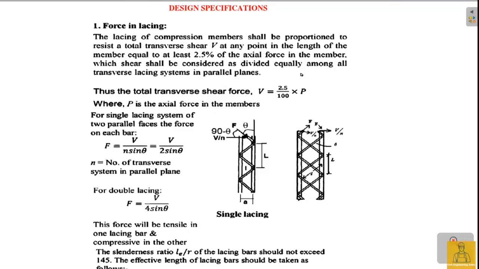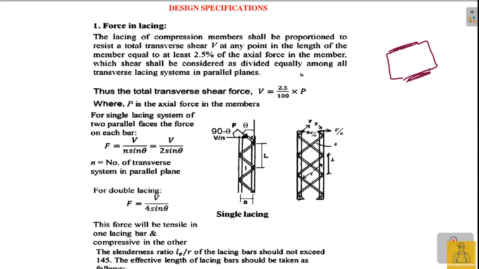Coming to the design specification of the lacing system, let us start with the forces in the lacing. See, if there are two channel sections which are joined like this face to face, the lacing system is provided here and here, on two sides.